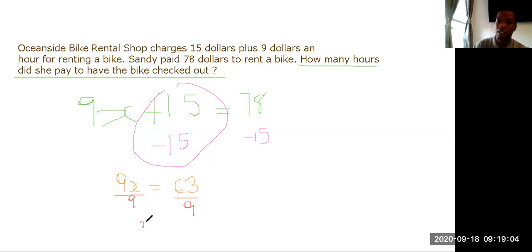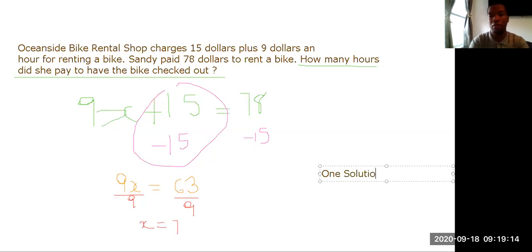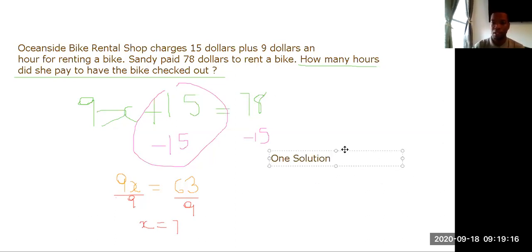So x is equal to 7. And with this equation, like the other ones we were working out, it's one solution. Cool. Let us work out one more problem.